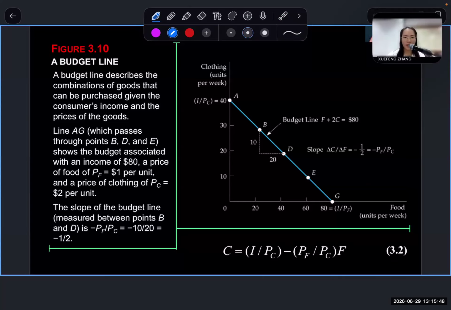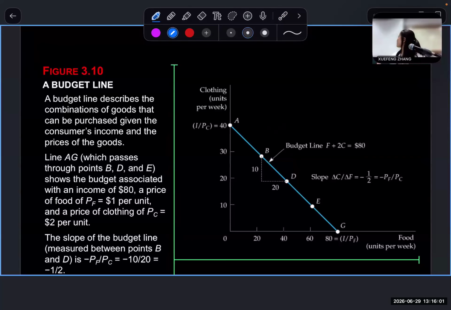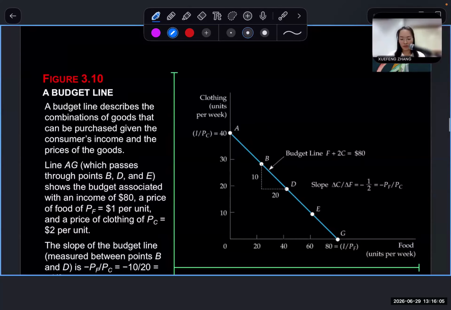So my question is, how to calculate slope in general? Do you remember how to calculate slope? Slope equals the change in Y over the change in X, right?